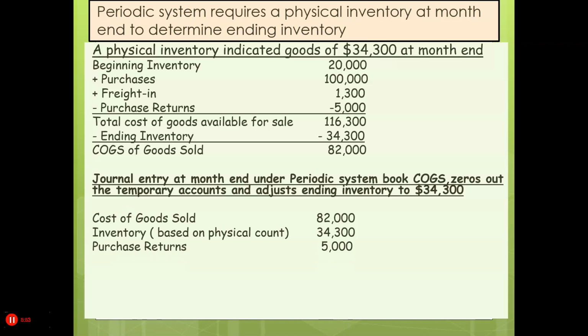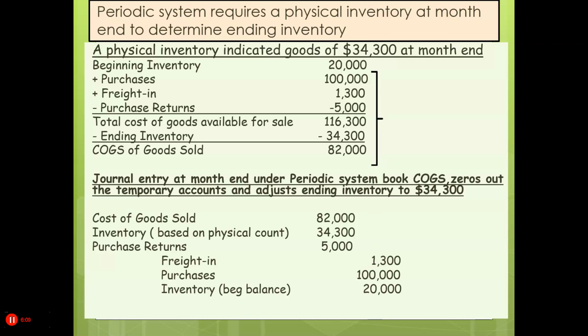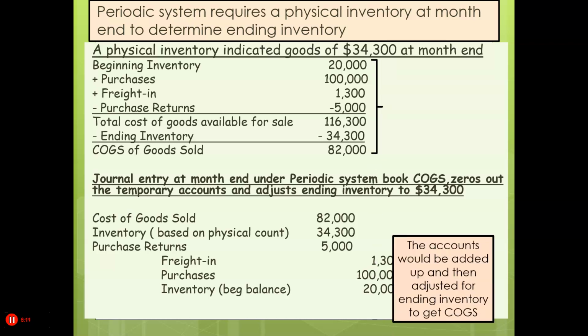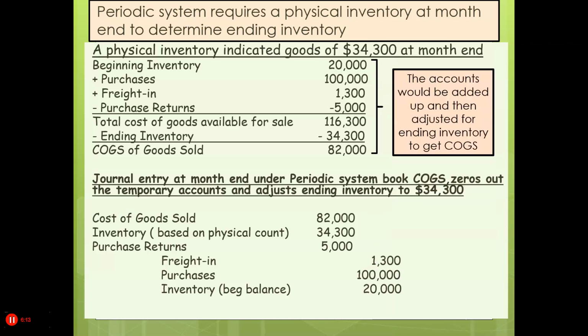We would zero out our purchase returns, zero out our freight in, zero out our purchases, and zero out our beginning inventory amount. Okay, so the accounts would be added up and then adjusted for ending inventory to cost of goods sold.